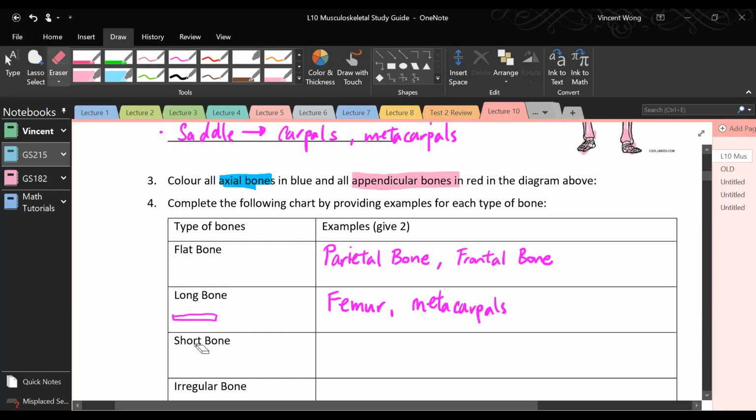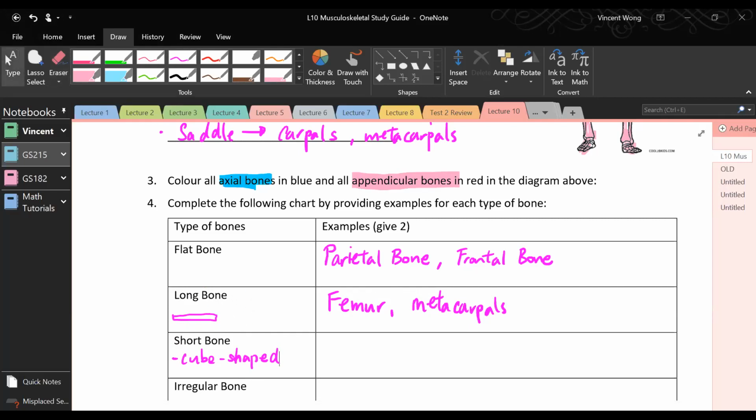Okay. Short bones, they are more like cube shape. So if you think about the long bone, like femur is substantially longer than metacarpals. Metacarpals are the bones in your finger, in the back of your hands, right? But they are both classified as long bone because of their dimension.